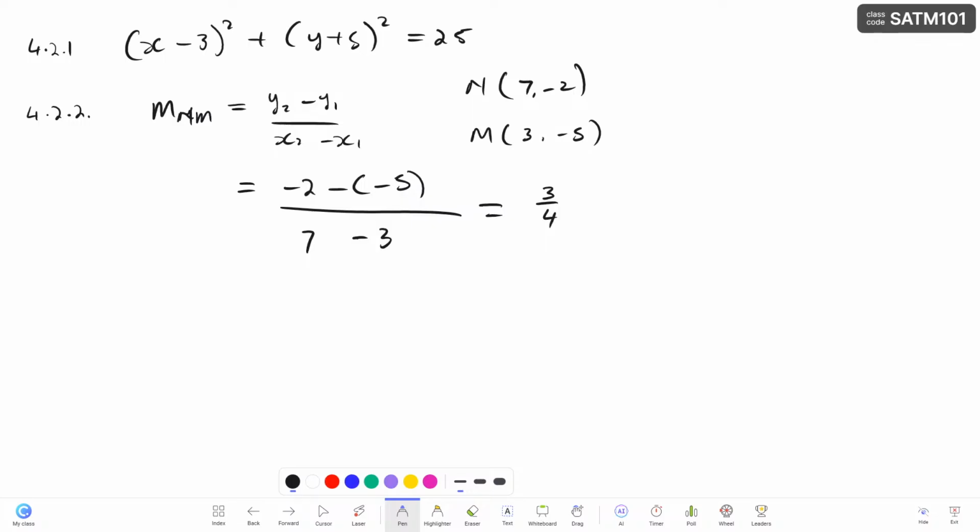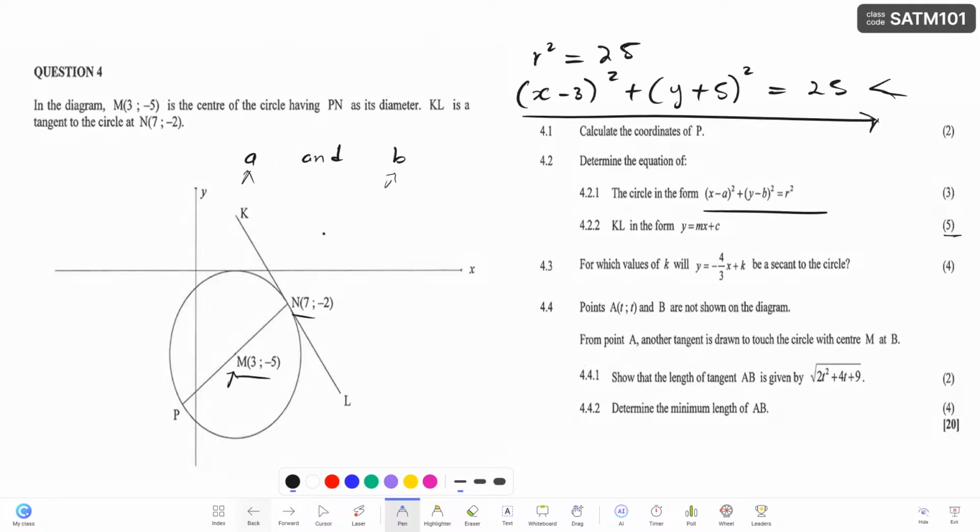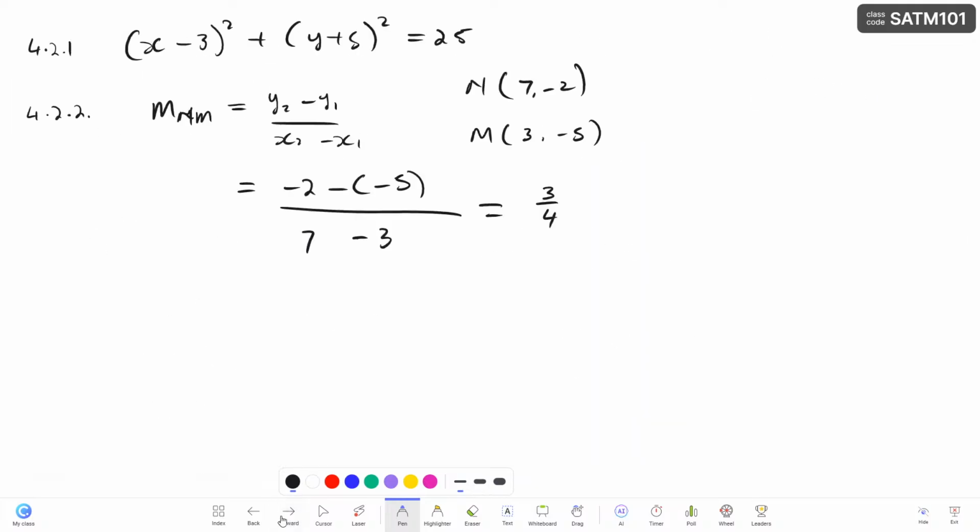So now we need to do what? We need to calculate the gradient of KL. How can we calculate the gradient of KL? We know that the radius is perpendicular to the tangent. So we are going to use the perpendicular formula for getting the gradient of the second line.